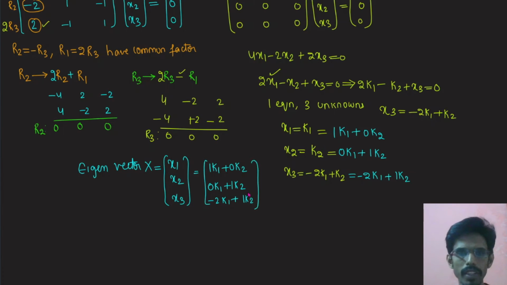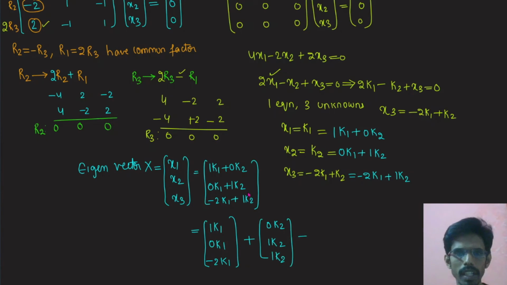Now we can split this matrix as 1 k1, 0 k1, minus 2 k1, and the other as 0 k2, 1 k2, 1 k2. If I take k1 common from the first matrix, we have 1, 0, minus 2. Next we have k2 common, then we have 0, 1, 1.